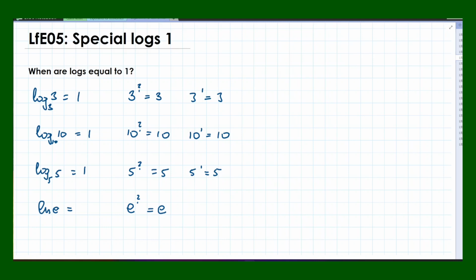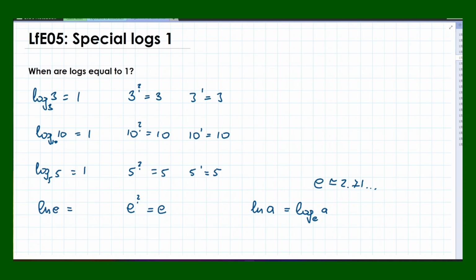Remember, ln is a specific base, so ln of any number a is the same as log base e of a. So the ln stands for logarithm natural, and that's the base e logarithm. Remember, e is a number that is roughly equal to 2.71 and some other digits. And this is just like pi, one of those irrational, never-ending, never-repeating numbers.